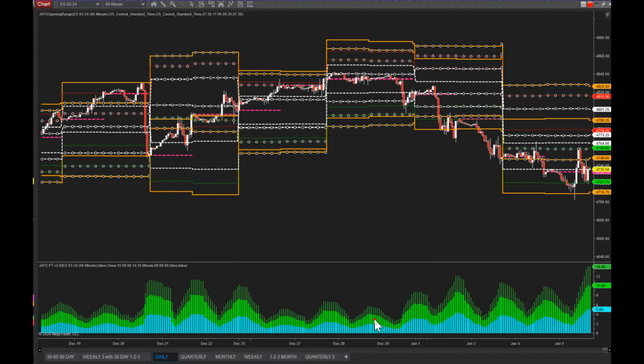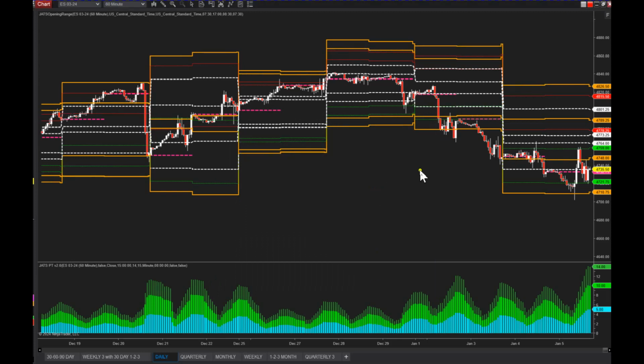I'll show charts with both of them on, but the market analyzer uses the open, which is the middle of the range. Calcs on the close are different, and you can see they often will act as support resistance intraday.